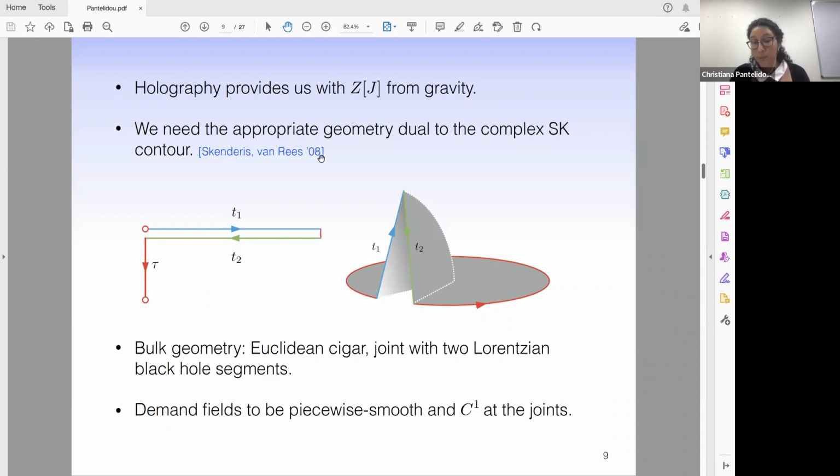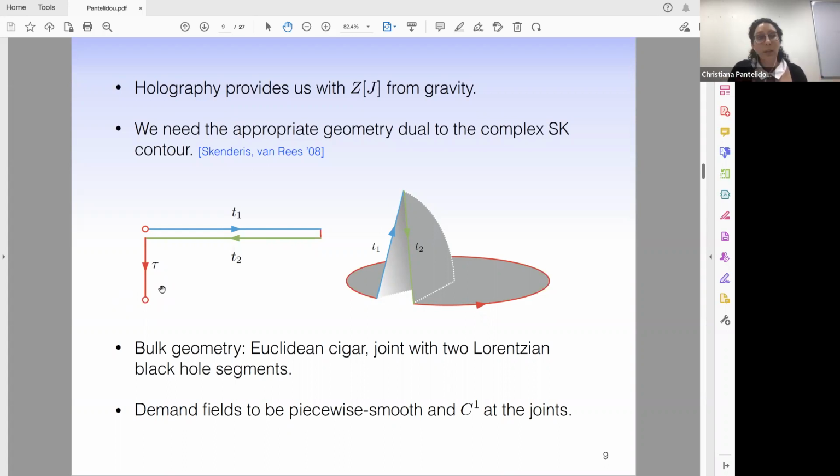They put forward a proposal for what the gravitational saddle is for this Schwinger-Keldysh contour. And according to their prescription, the geometry that we need to consider in the bulk essentially has 3 pieces, each piece corresponding to one of the 3 pieces on the Schwinger-Keldysh contour.